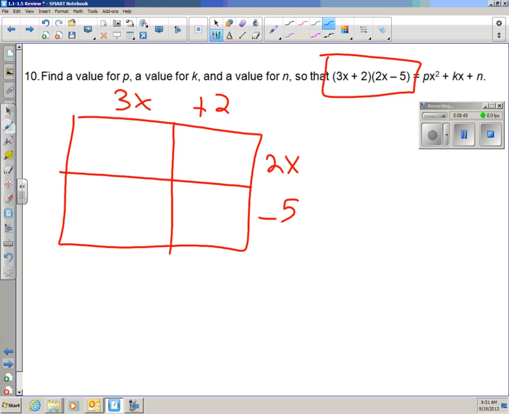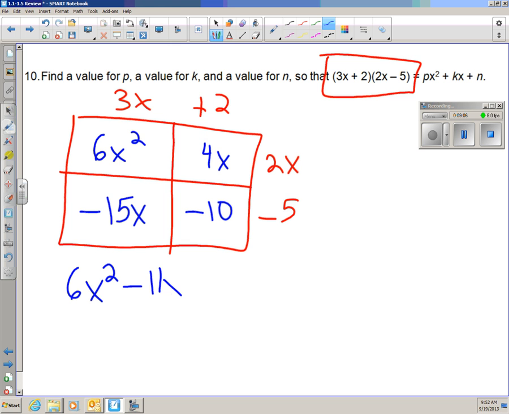As I multiply through, 3x times 2x, 6x squared. 2 times 2x, 4x. 3x times negative 5, negative 15x. 2 times negative 5, negative 10. Combine like terms: 6x squared minus 11x minus 10.